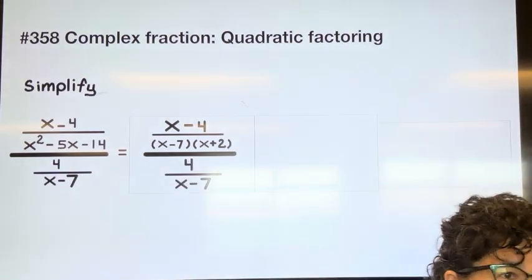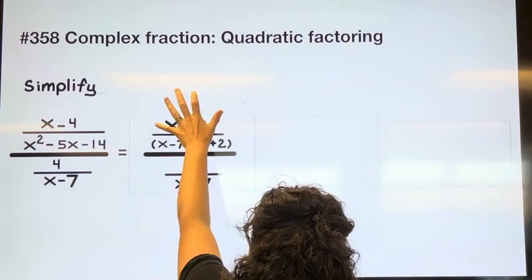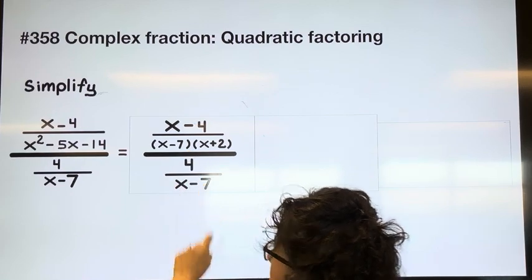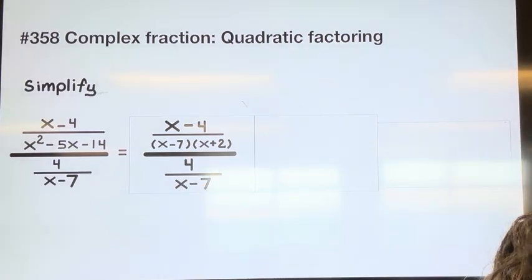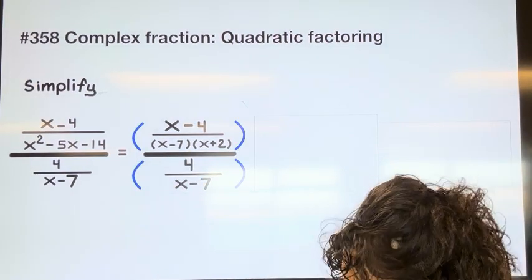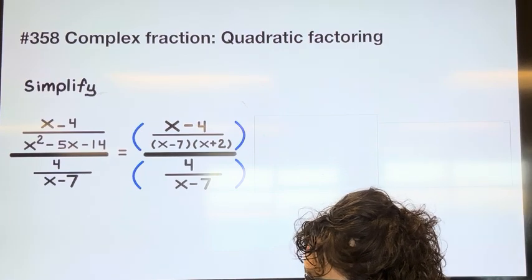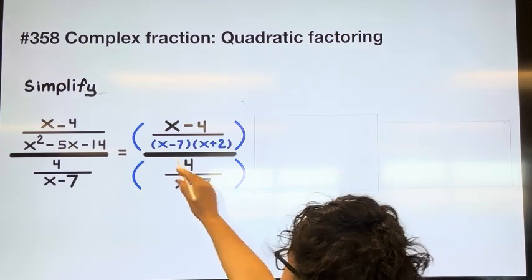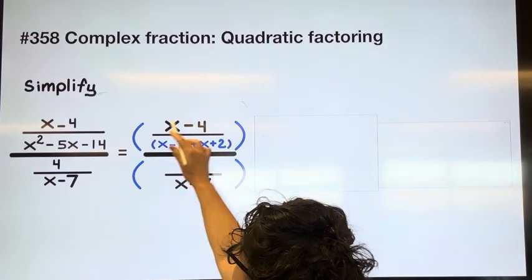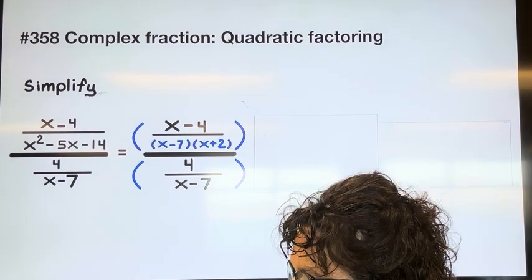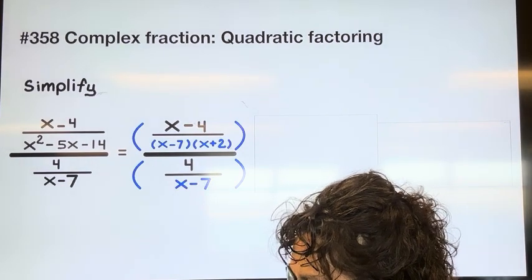Now to get rid of these extra fractions, we're going to multiply the top and the bottom by the mini denominators. So in this particular one, my mini denominators are x minus 7 times x plus 2 is the denominator in the top. This one, its denominator is x minus 7.